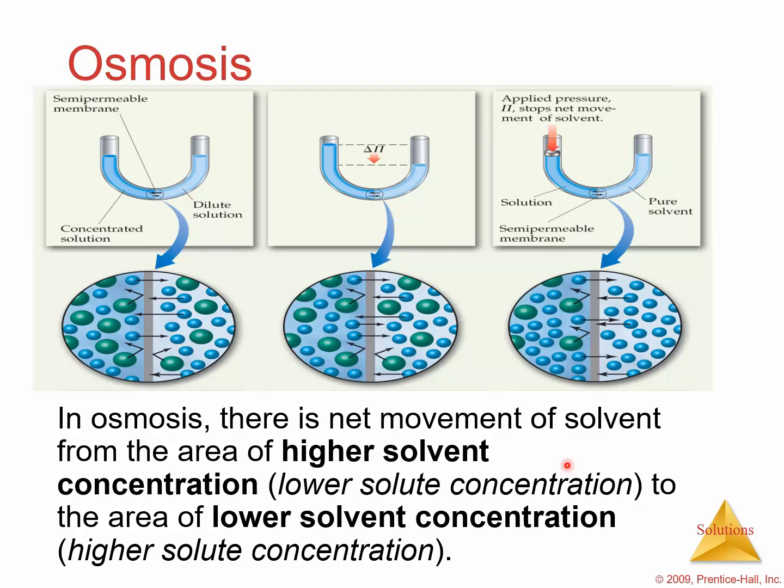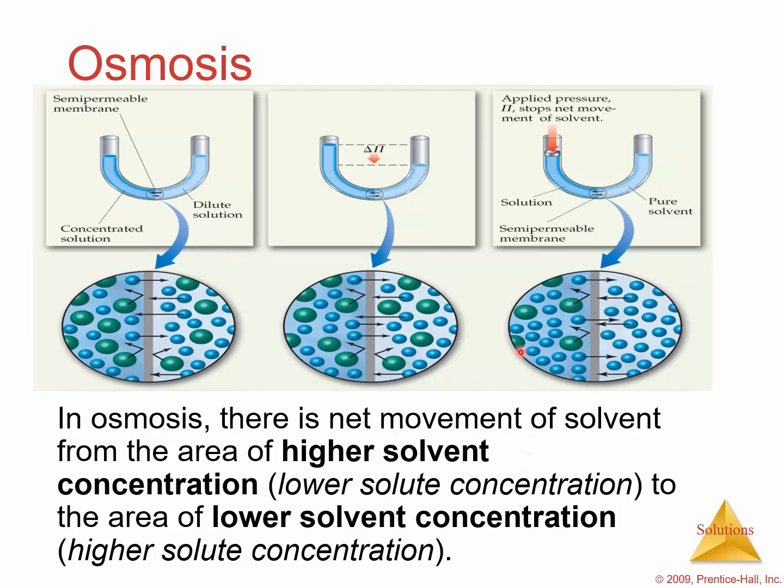Thus, there is net movement of solvent molecules from the less concentrated solution into the more concentrated one. So in this process called osmosis, the net movement is always toward the solution with the higher solute concentration.